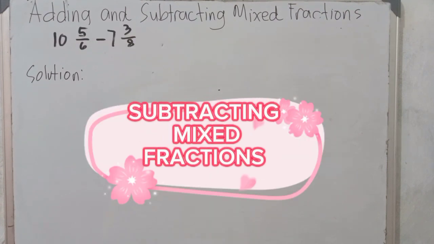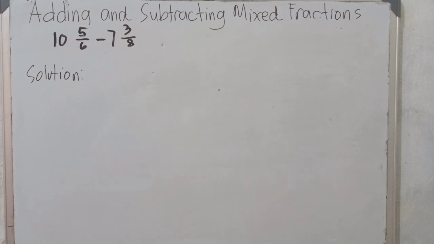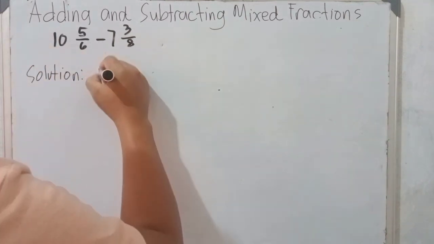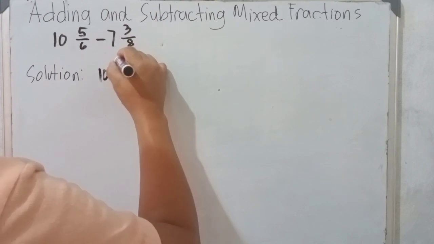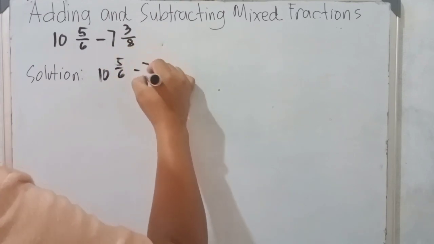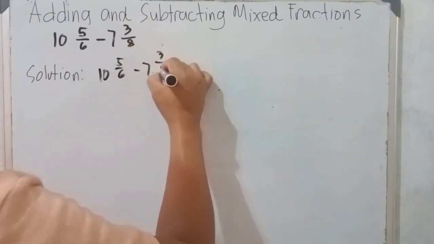Okay, next we will subtract 10 5/6 minus 7 3/8. So for the solution, we copy it again. 10 5/6 minus 7 3/8.